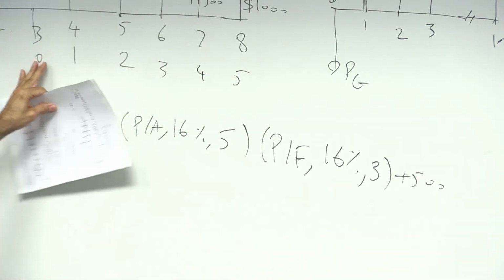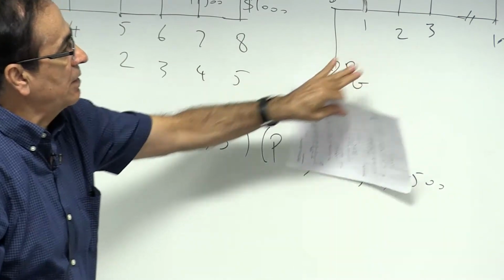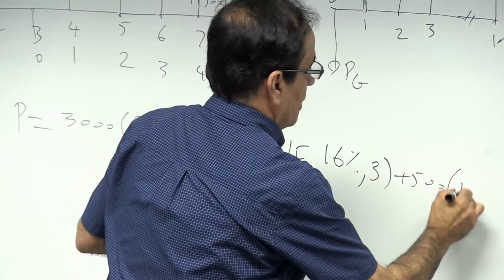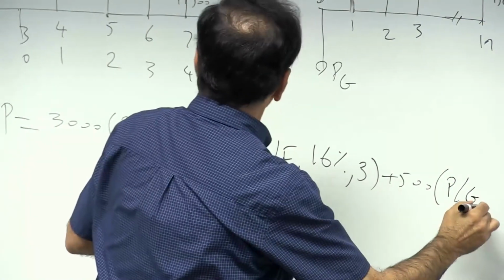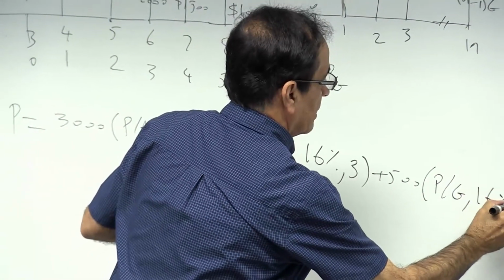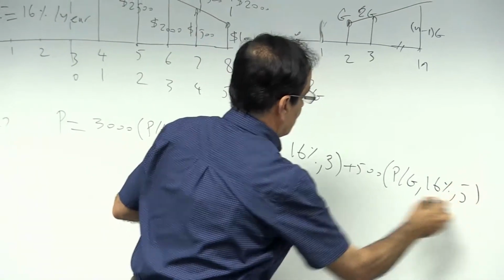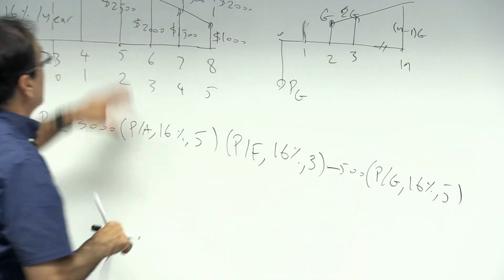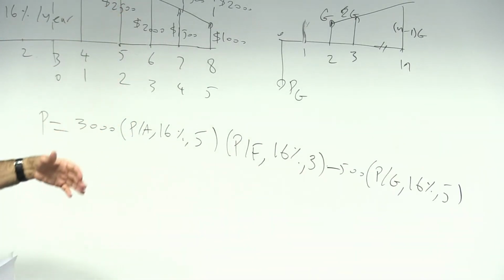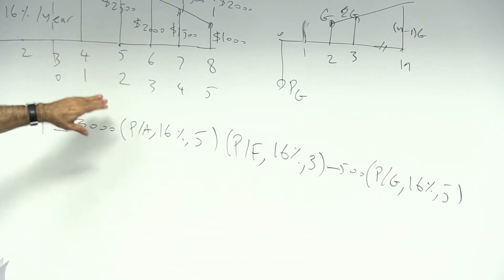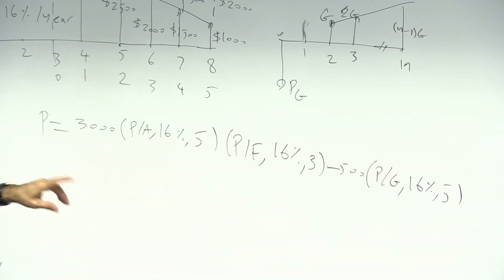Now this is very similar to this gradient. So 500 multiplied by P given G, and the interest rate is 16% and 5 periods. By the way, the sign is not positive, it's negative: you're subtracting, because we added those payments, now we have to deduct them from the equation. So it's going to be minus 500, P given G, 16% and 5 years.